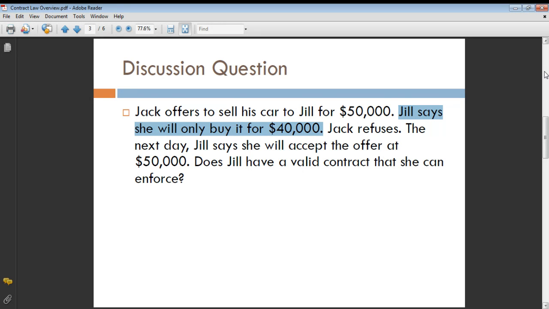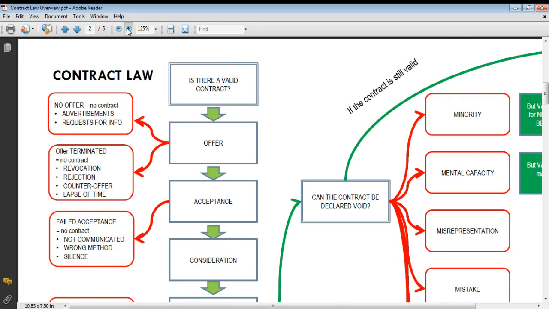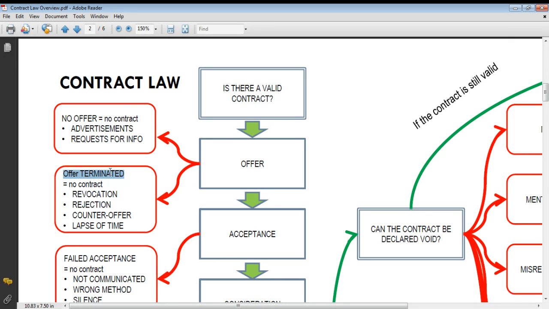What's the effect of the counter offer? When we look at this, we can see that a counter offer ends up in the offer being terminated and there's no contract. So this is the statement of the law. Because this is an open book exam, you can look at your lecture notes and say that the law states a counter offer will terminate an offer and there will be no valid contract.